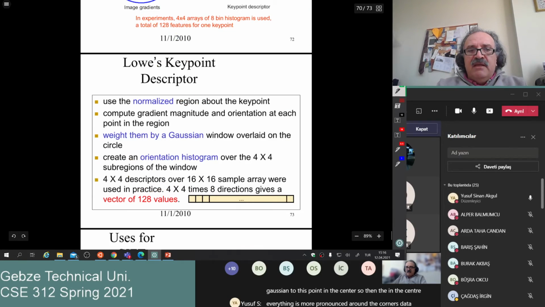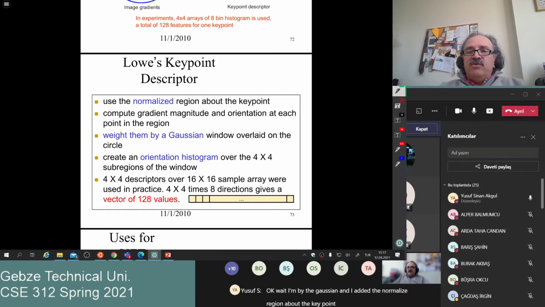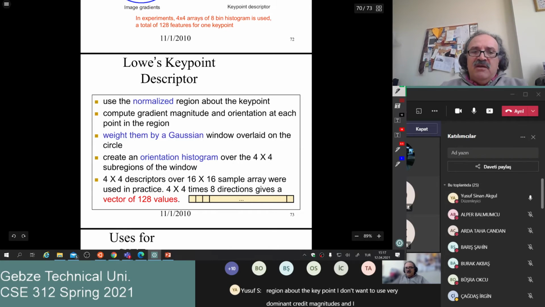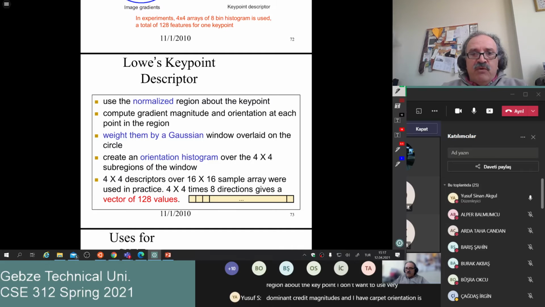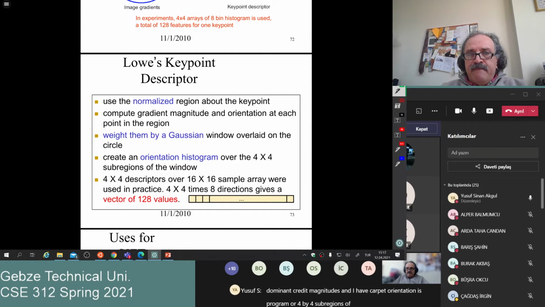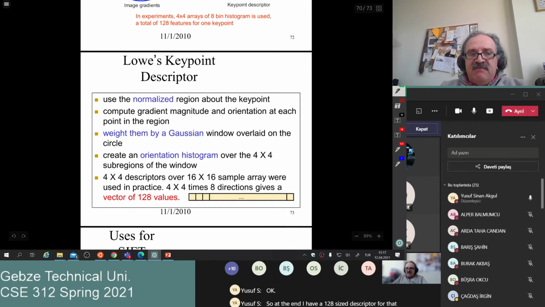Weight them by the Gaussian. I don't want to use very dominant gradient magnitudes, and I calculate the orientation histogram over 4 by 4 subregions of the window. So at the end I have a 128 sized descriptor for that 16 by 16 window.